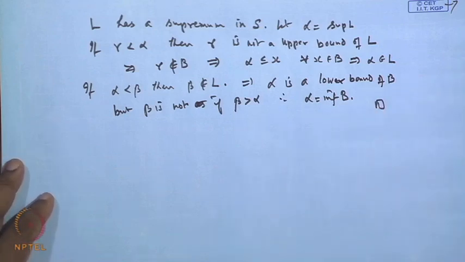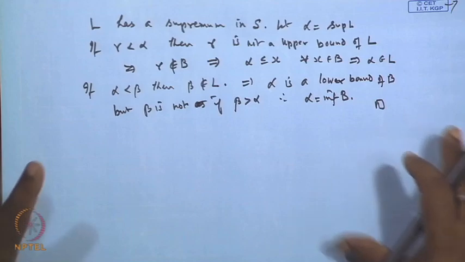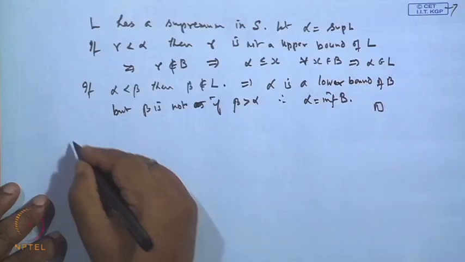Now, having proved this, we will come back again to the sets where we are discussing open sets and closed sets, etc., where the supremum value and infimum value will be required. So, we wanted to show a result where the supremum concept and infimum concept is required. That is why all these things were taken.